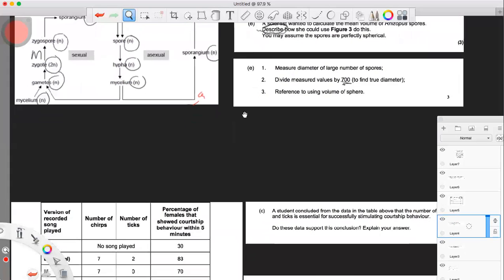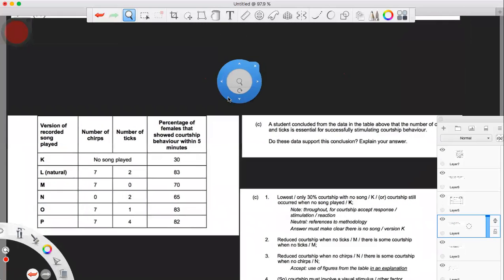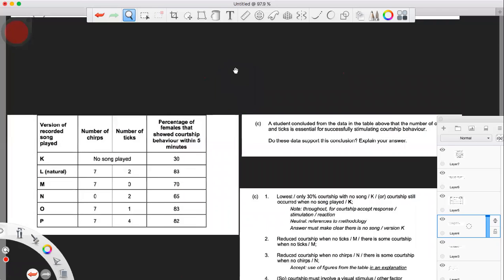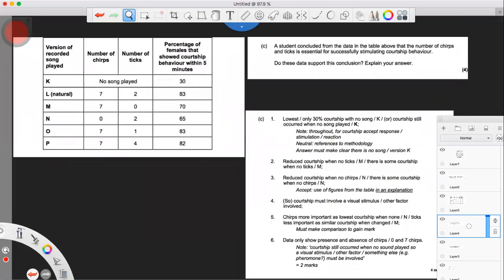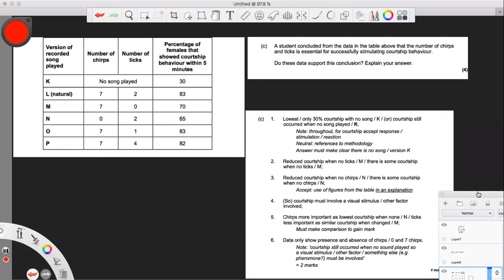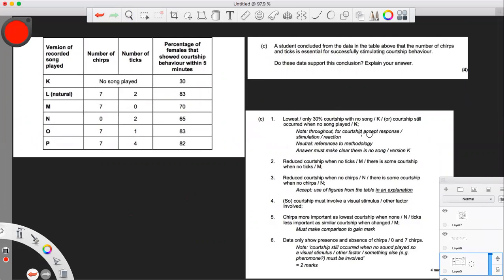Okay, going down to the next question. This was the one about the crickets chirping and what that actually means. Quite a nice piece talking about data. When you're looking at this table, there's lots of information that you can get from it. You've got all these different versions.